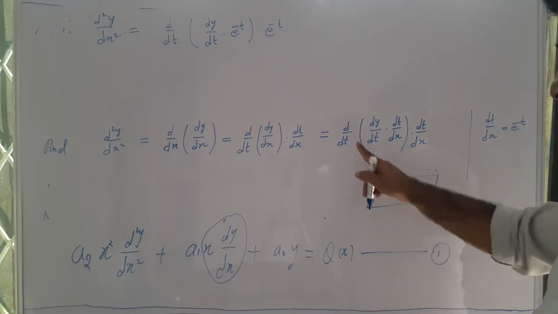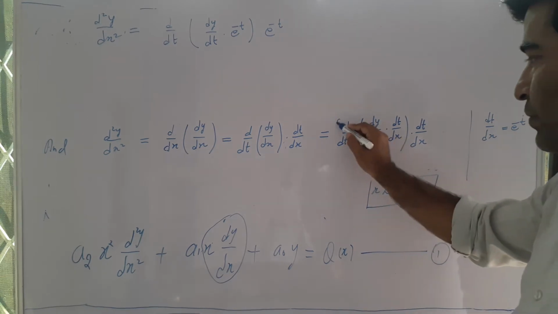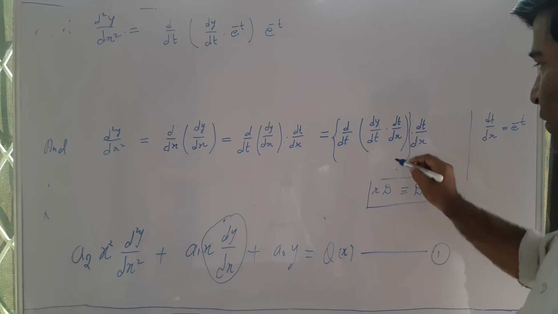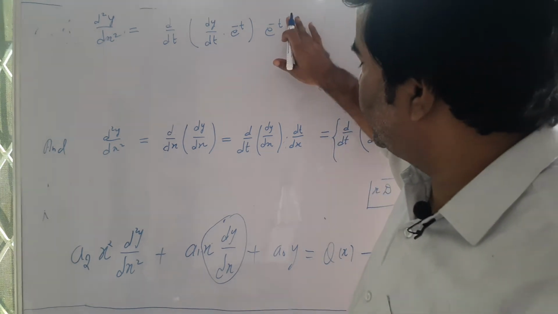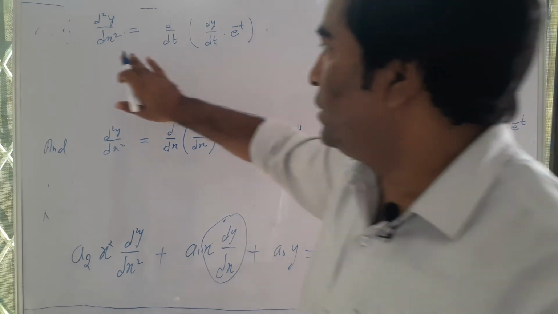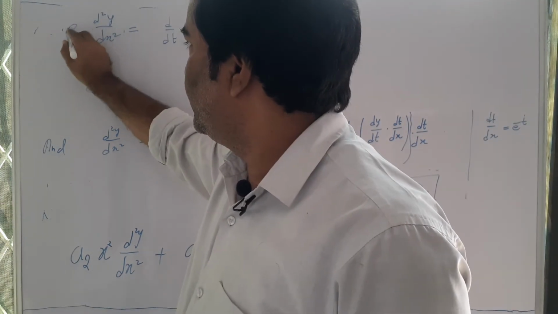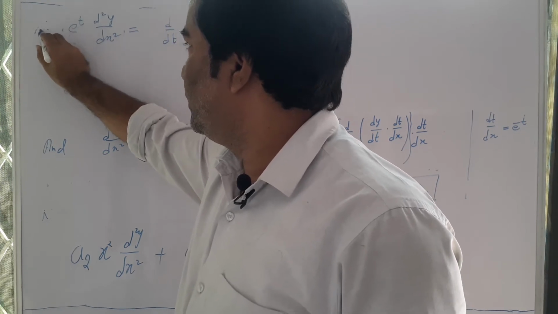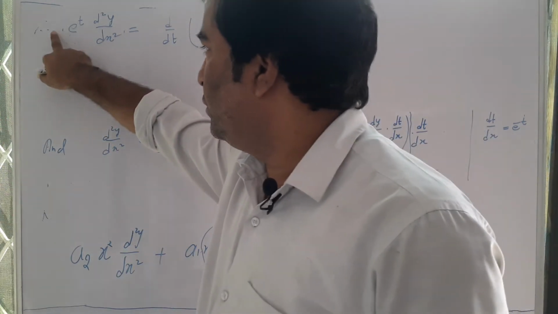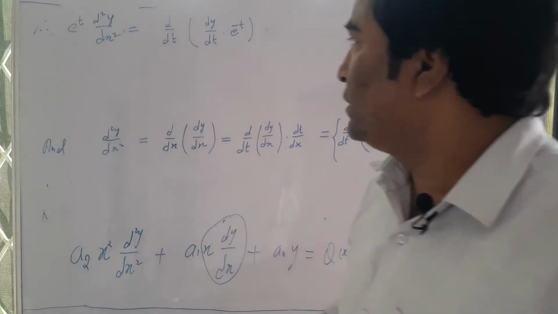Actually here d over dt operates on dy over dt and e to the power minus t, so we can take e to the power minus t on the left side, so this becomes e to the power t d square y over dx square.